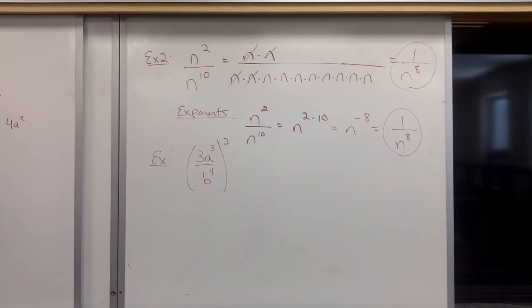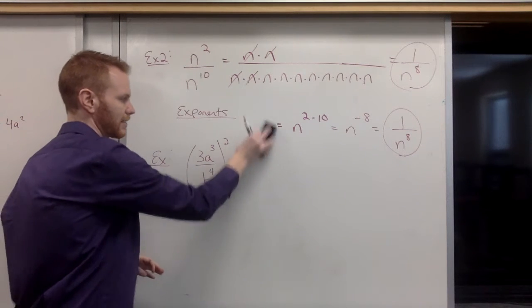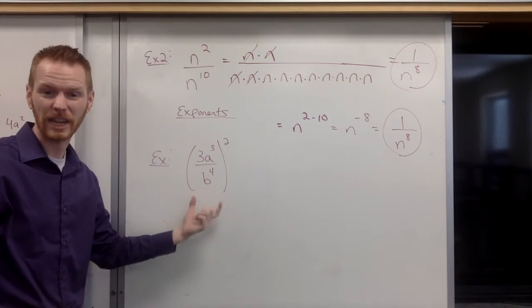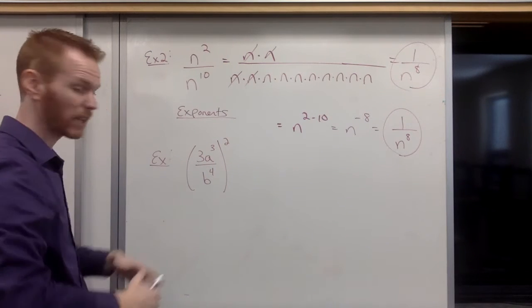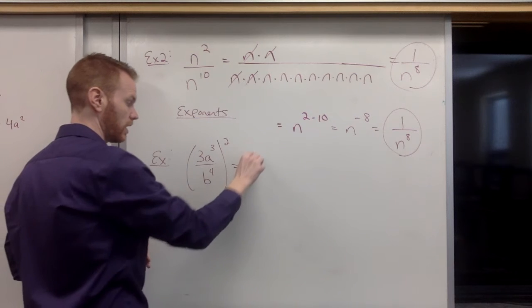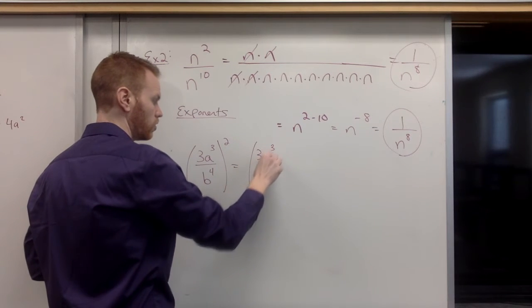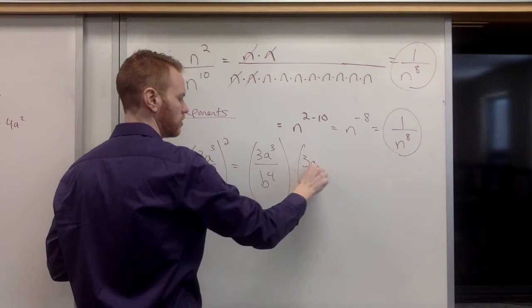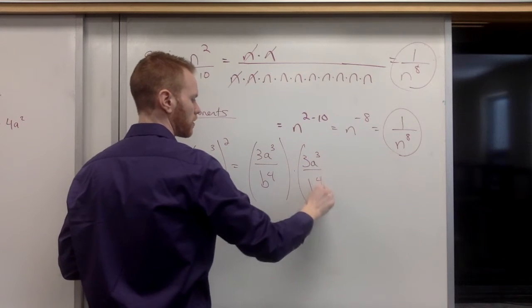Okay, let's do this guy. And let's erase this. That's going to get in the way. Okay, so now we're going to raise this entire fraction to the 2nd power. Expanded, it looks like this. It would be 3a cubed over b to the 4th times 3a cubed over b to the 4th.